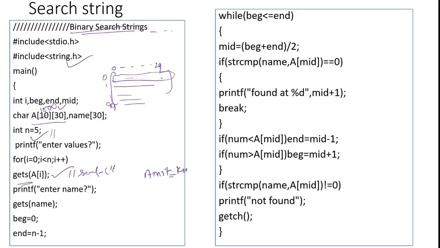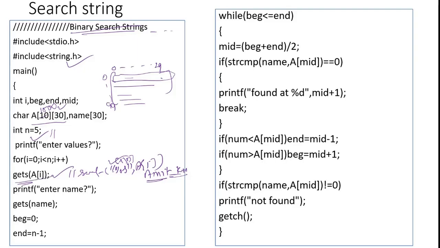So if we are using percentage s and a of i, then it will scan or accept only Amit, not Amit space Kumar. We can do some manipulation in the control string to accept the string with spaces, like backslash n, but that is not needed now.